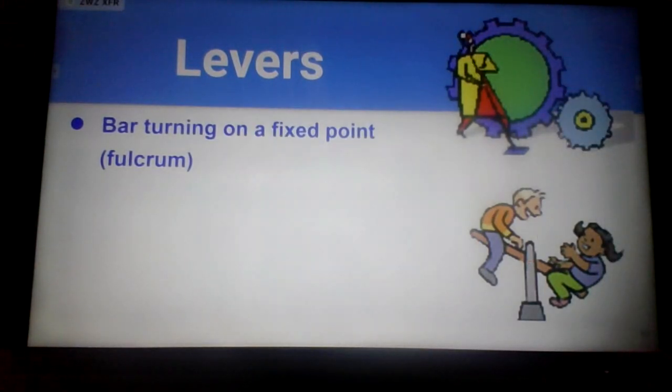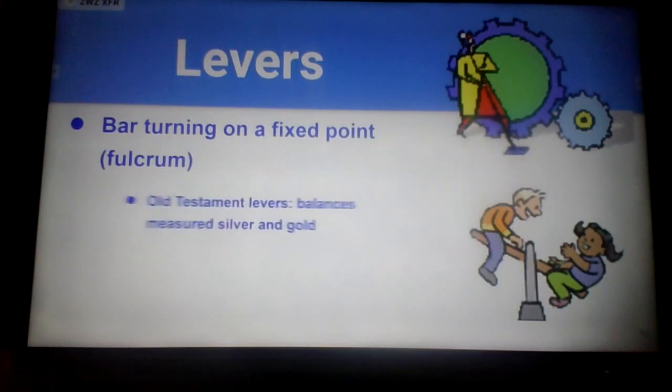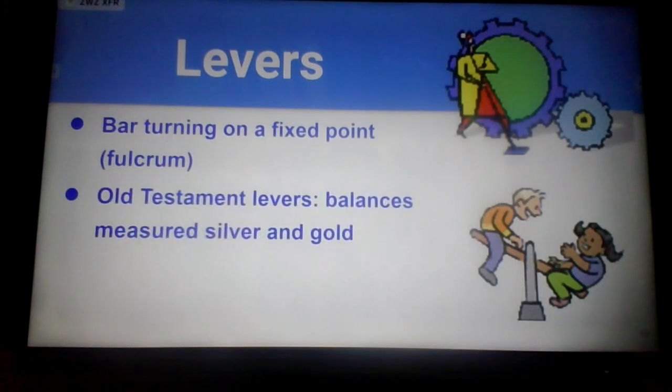Levers are bars that turn on a fixed point, and we call that fixed point a fulcrum. In the Old Testament, people used levers such as a scale, which is kind of like a seesaw, to try to measure out and see how much the silver and gold is worth. You think there were cheaters back then? Oh yeah, just like we have now. Some people try to cheat other people.